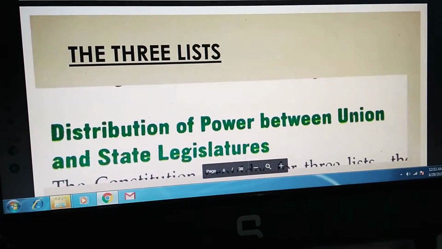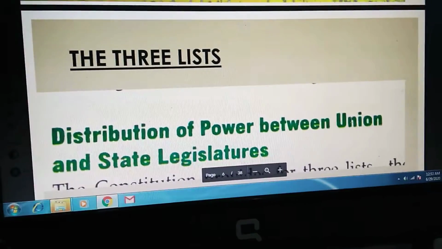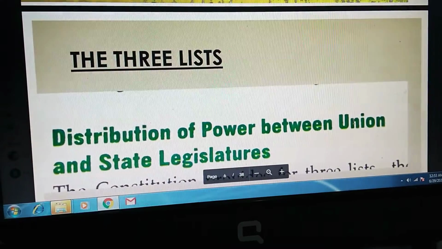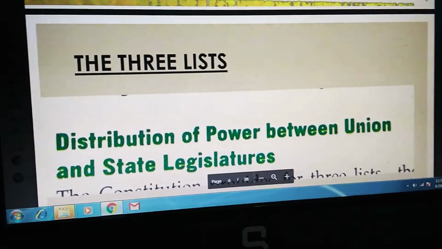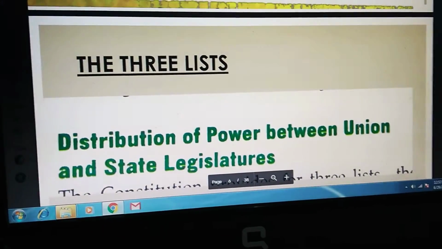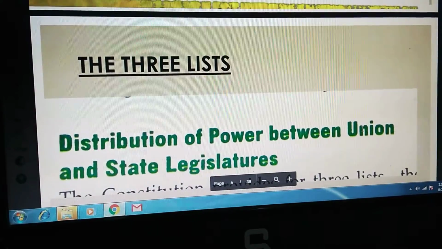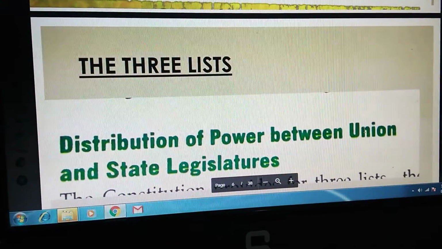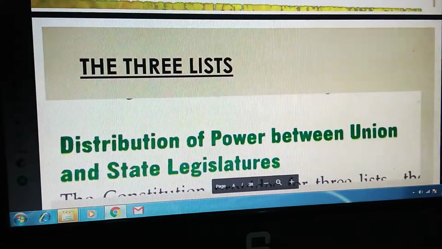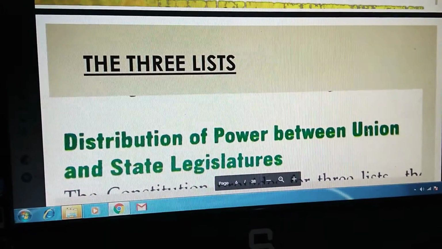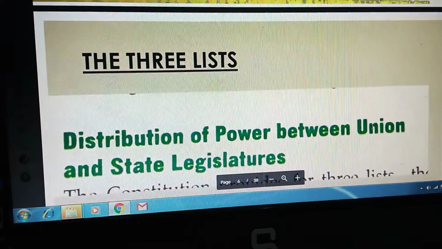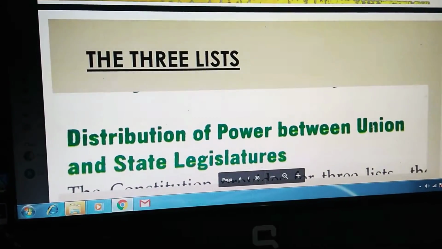You have heard in the first lecture itself that it's a very big, huge country. That's why our constitution has divided the government to take care of the specific needs of people living in different parts of the country.